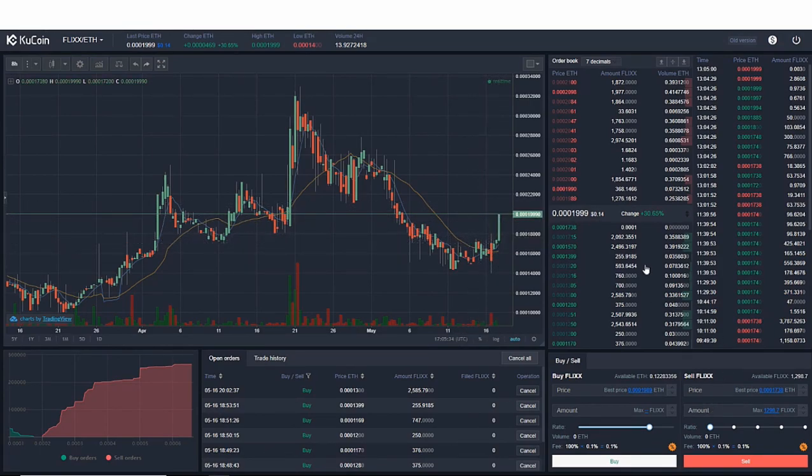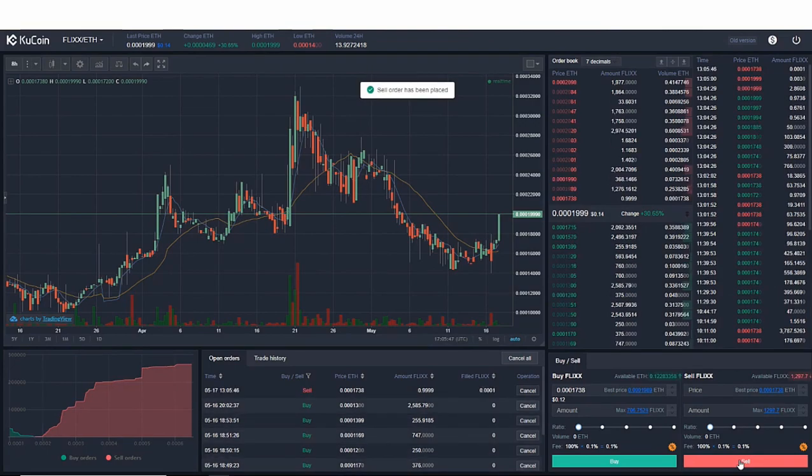I'm going to click on that level, this 1738, and sell 1. Now we have completely changed the dynamics of that candlestick by selling a fractional amount.